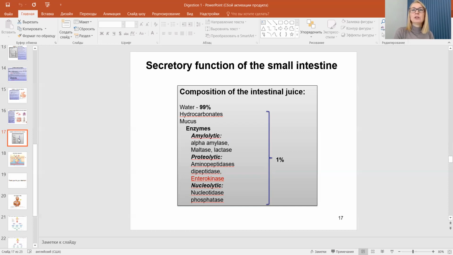The intestinal mucosa produces most of the secretions that enter the small intestine, but the secretions of the liver and the pancreas also enter the small intestine and play essential roles in digestion.